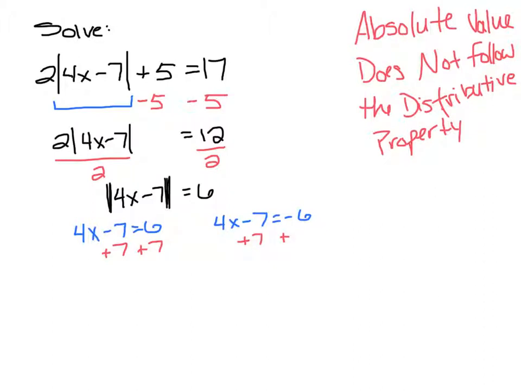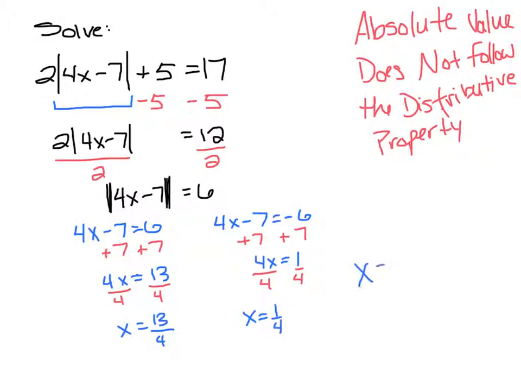Adding 7 to both sides on both equations. We're left with 4x equals 13, and then last but not least, the opposite of multiply is divide. And we're left with x equals 13 over 4 and x equals 1 over 4. So our solution is x equals the set 1 over 4, 13 over 4.